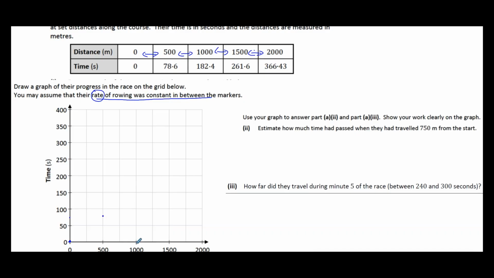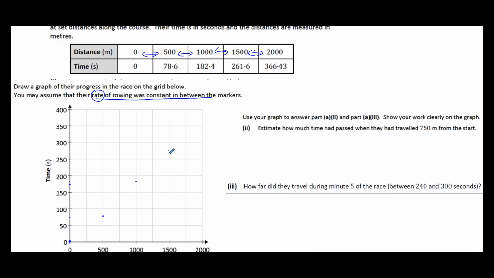Then for 1000 it is 182. So again, 175 will be in the middle, so 180 will be again a little bit more above the middle. Then 1,500, 261. So that's 250.